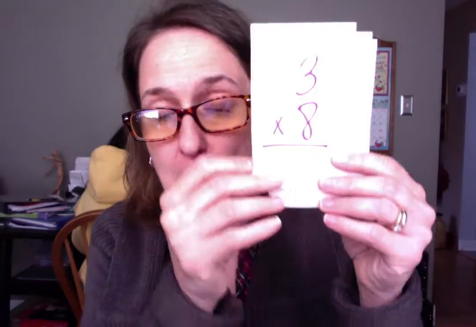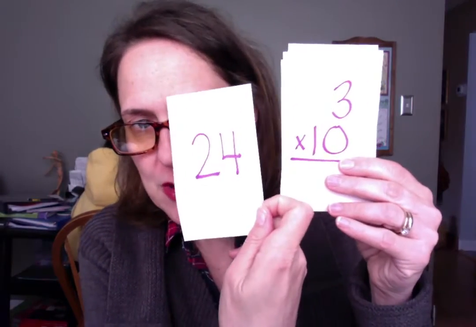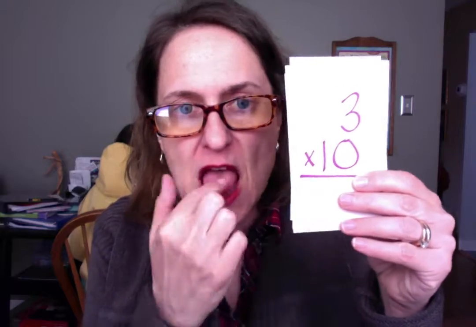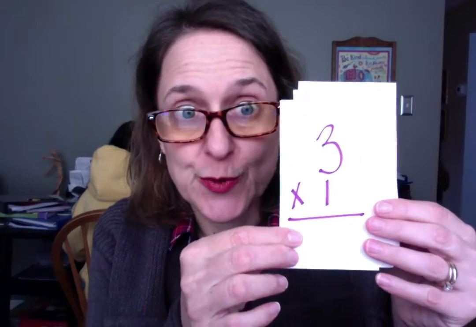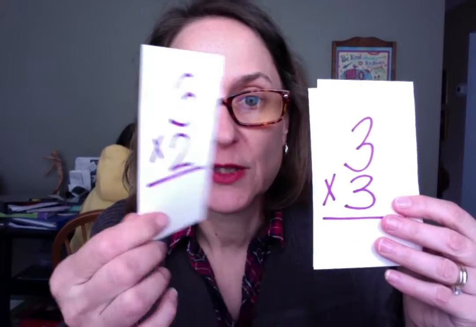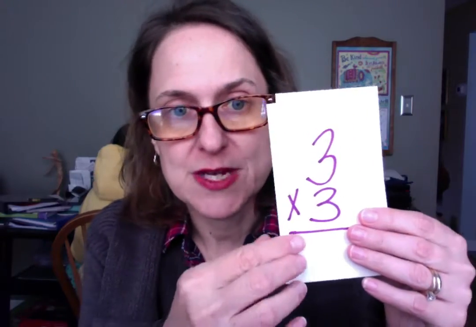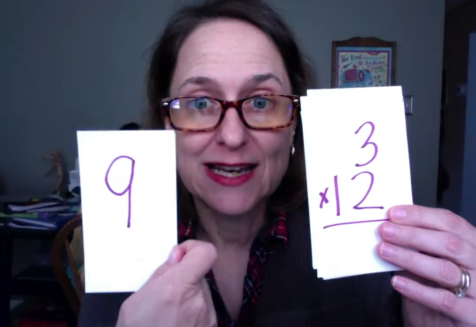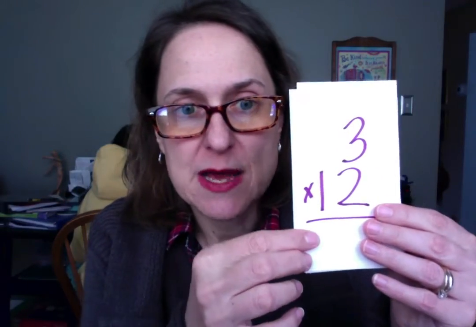So 3 times 8, 24. 3 times 10, 30. 3 times 0, 0. 3 times 9, 27. 3 times 1, 3. 3 times 2, 6. 3 times 3, 9.